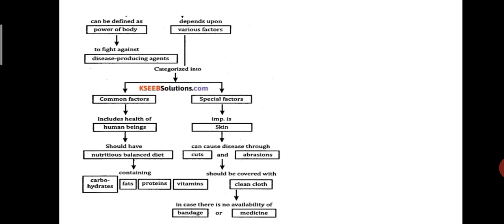So when we go to categorize into special factors, so there are two factors. Okay, special factors are important, skin can be caused through cuts and abrasions, should be covered with clean cloth, and in case there is no availability of bandage or medicine.